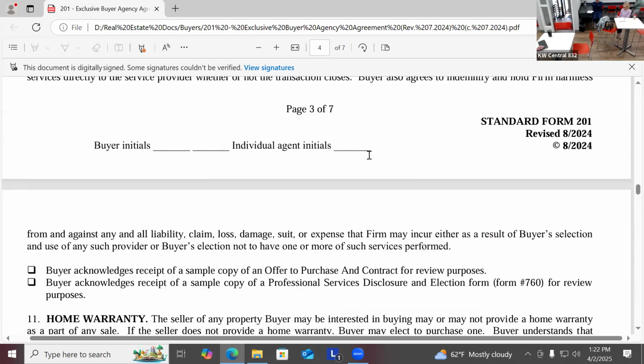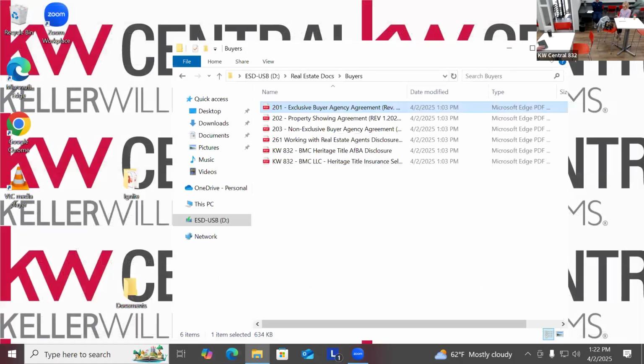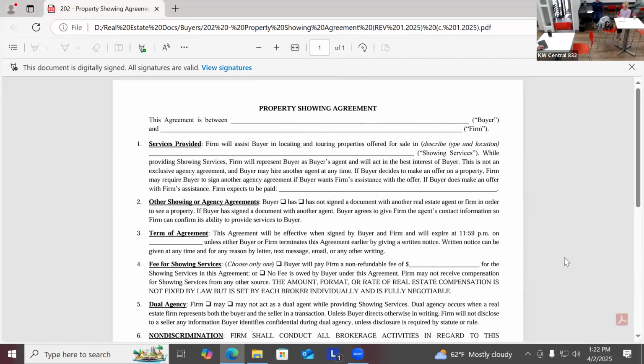How do I get out of this? Top right hand corner, just hit that X. Here or this one? Sorry, I was looking at my computer. Move the mouse just a little. Up higher. Oh, this one? Yeah. Okay. You said 201? Yeah. We'll go through this one while you're doing that. Thank you.